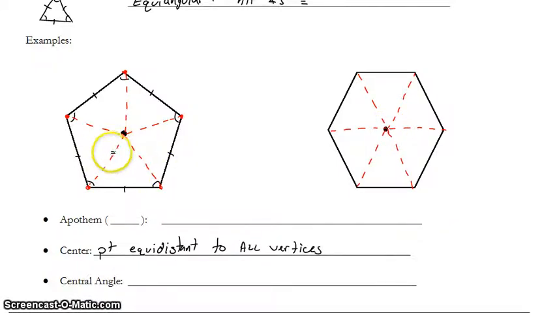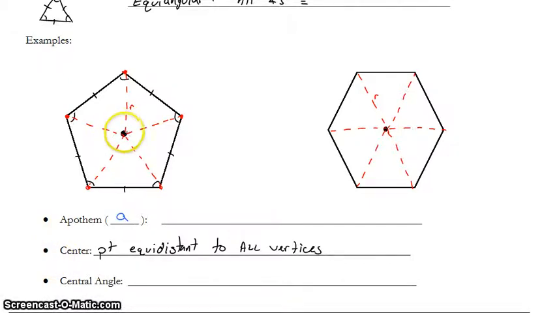We would also call all of those segments from the center to the vertex a radius. So that's considered the radius of your regular polygon. It's a big distinction between that and the segment that we are calling the apothem. The apothem is labeled with a lowercase a. That's why, in the previous video, we needed a distinction between lowercase and capital.